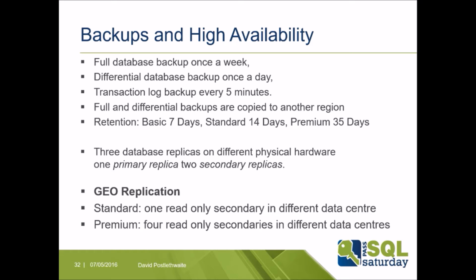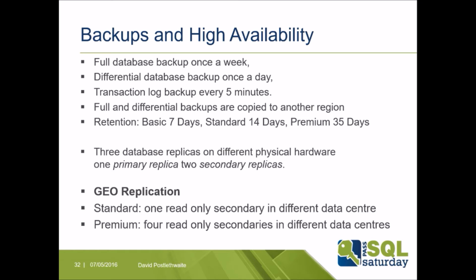You can also set up your own replication to another data center, and this is called geo-replication. If you have a Standard database, you can have 1 read-only secondary in another data center. If you have Premium, you can have 4 read-only secondaries in different data centers all over the world. But be careful, you do pay for those extra secondaries.